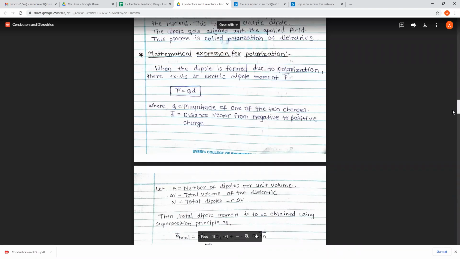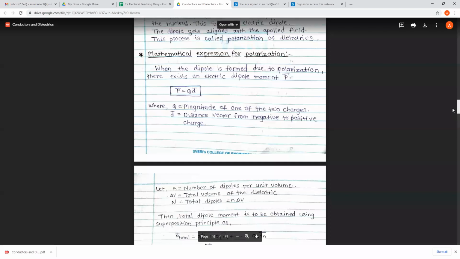So you must know the equation, then you can easily write the unit. For electric field intensity also there are two units: joule per coulomb and volts per meter.